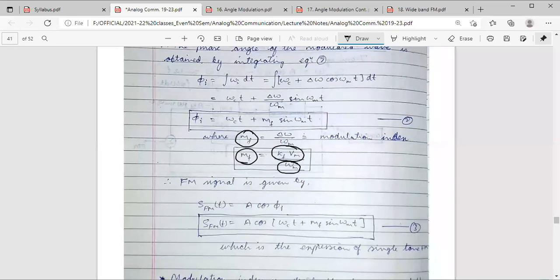Based on that, the expression for FM is A cos omega ct plus mf sin omega mt. This is a very important expression, and if you know the normal expressions of AM and FM, then you can solve.